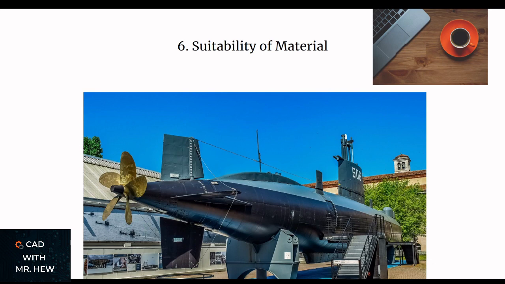The first one is use of product. The second one is quantity to be manufactured. That is quantity of components to be manufactured. And thirdly, the market niche, which would influence the cost.